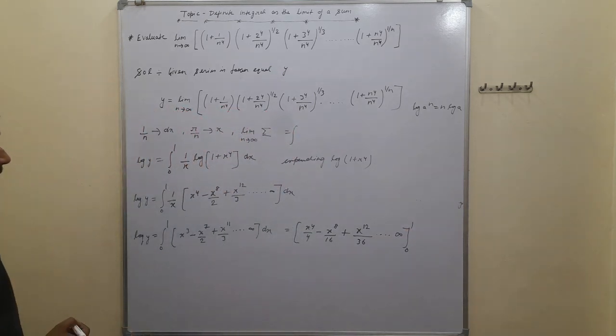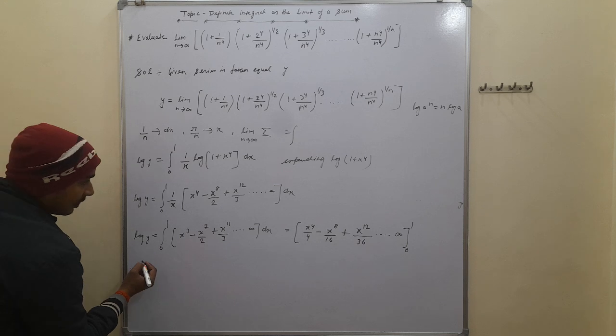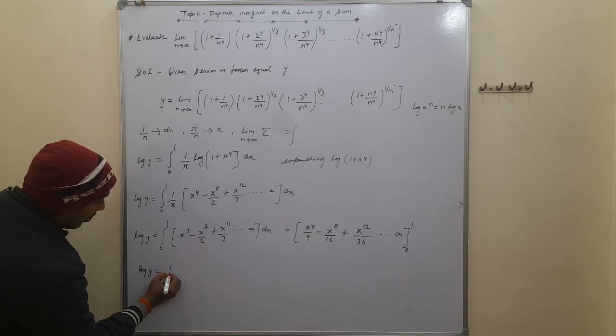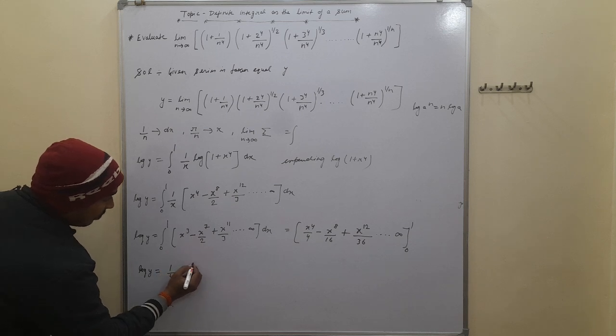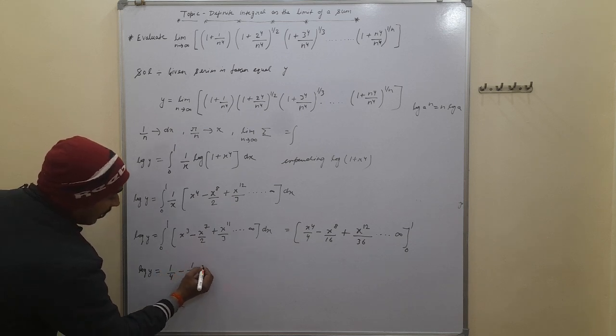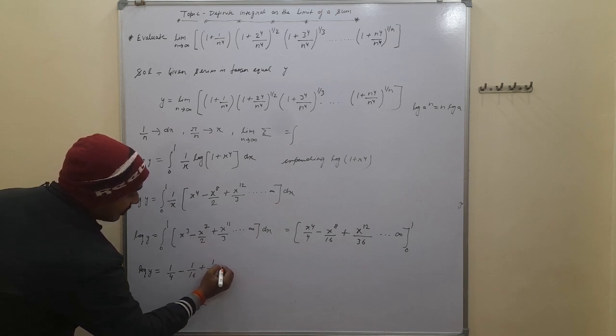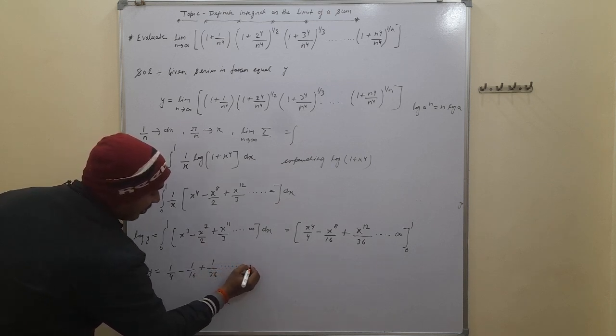And from here we put the upper limit first, this is log y is equal to 1 by 4 minus 1 upon 16 and plus 1 upon 36, and this is dot dot dot infinity.